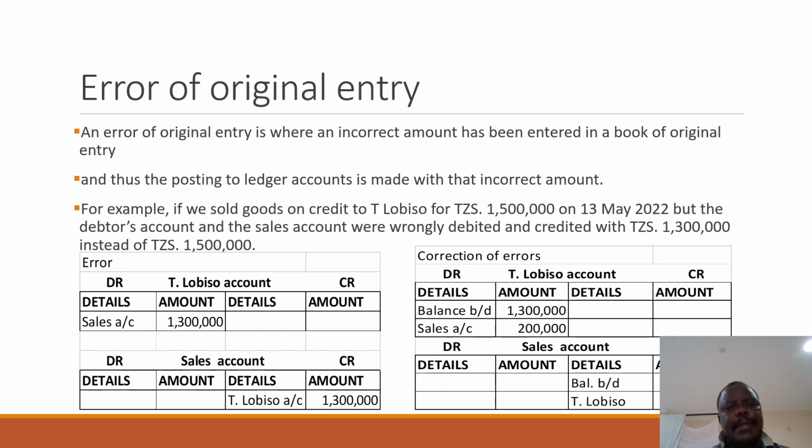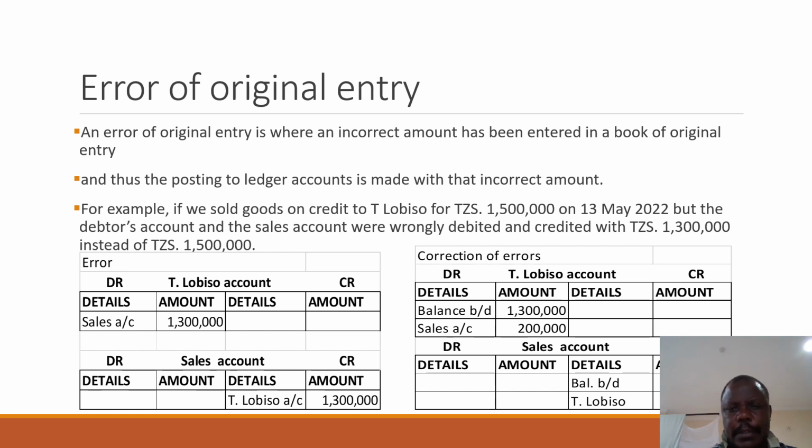So we debited Tilobiso and credited sales with 1.3 million. To correct that error, the missing figure is only 200,000.